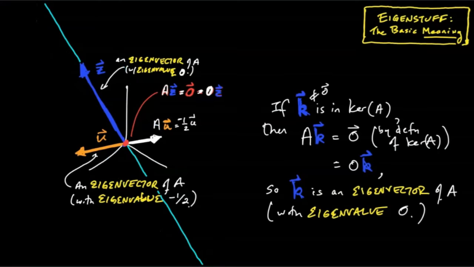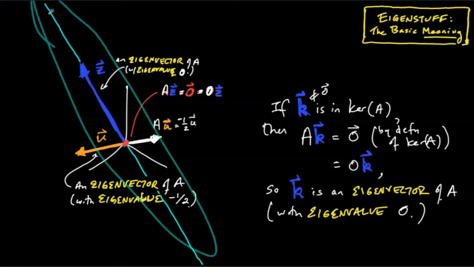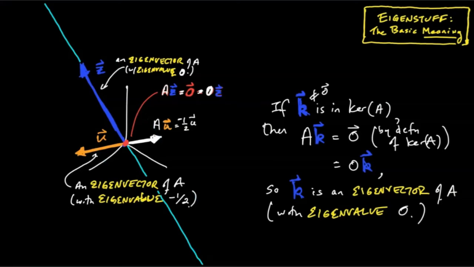Now the kernel might be larger, it might be a two-dimensional kernel, in which case the vectors on this line would not be the only ones that are eigenvectors with eigenvalue 0. In fact, there would be a whole plane of eigenvectors of A with eigenvalue 0.